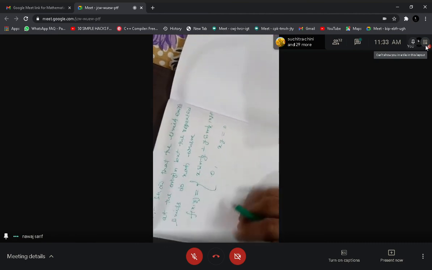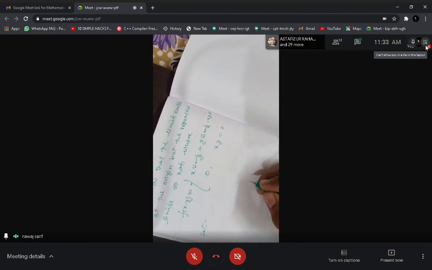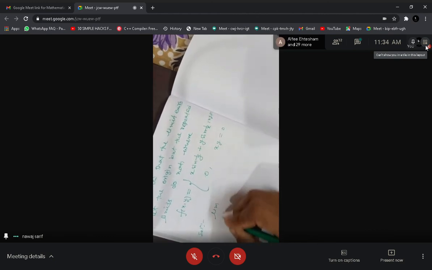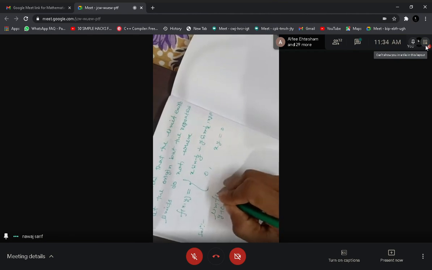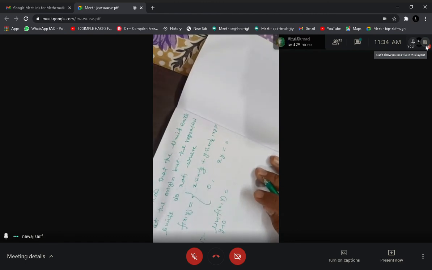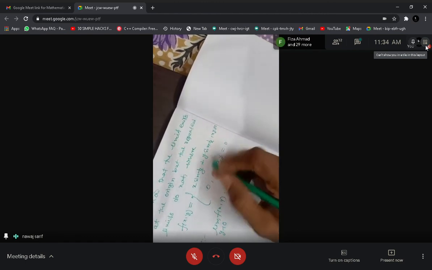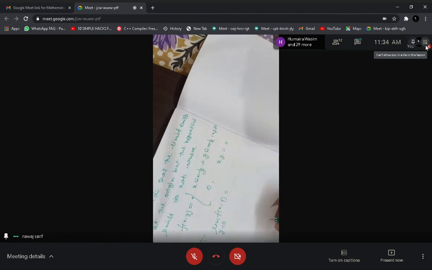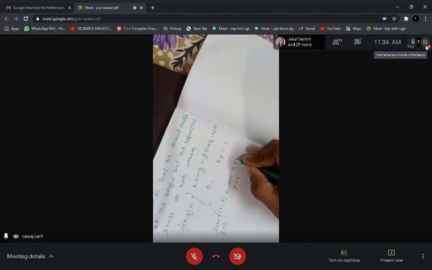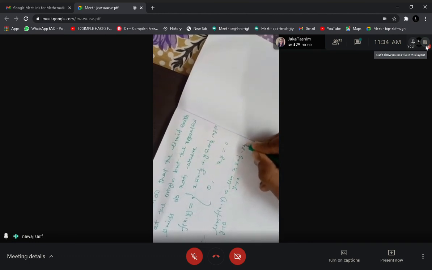Okay, so clearly you can say, what is the limit as y tends to 0 of f of xy? Does the limit exist as y tends to 0 of x sin 1 by y plus y sin 1 by x?